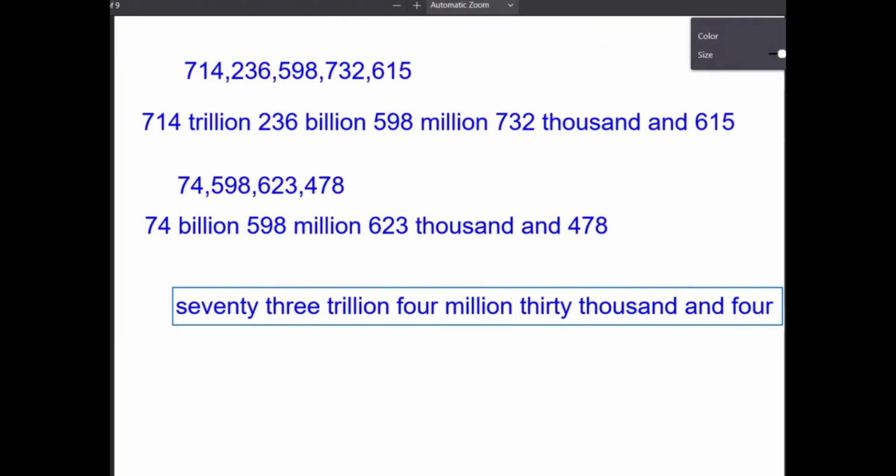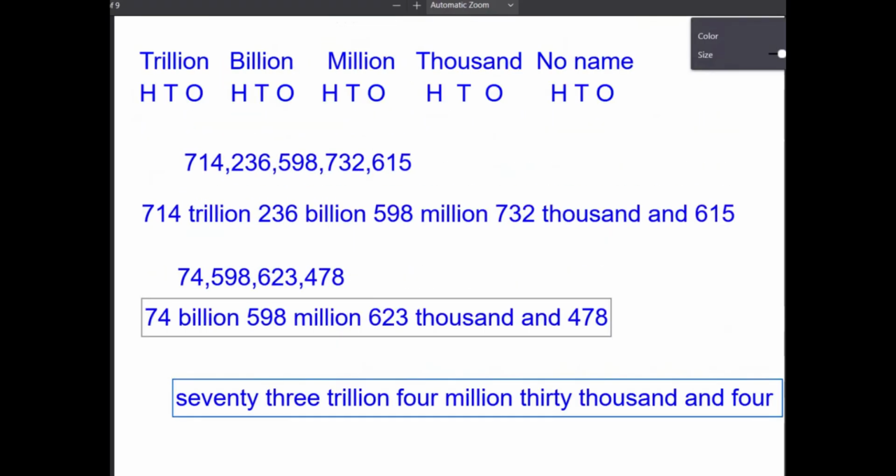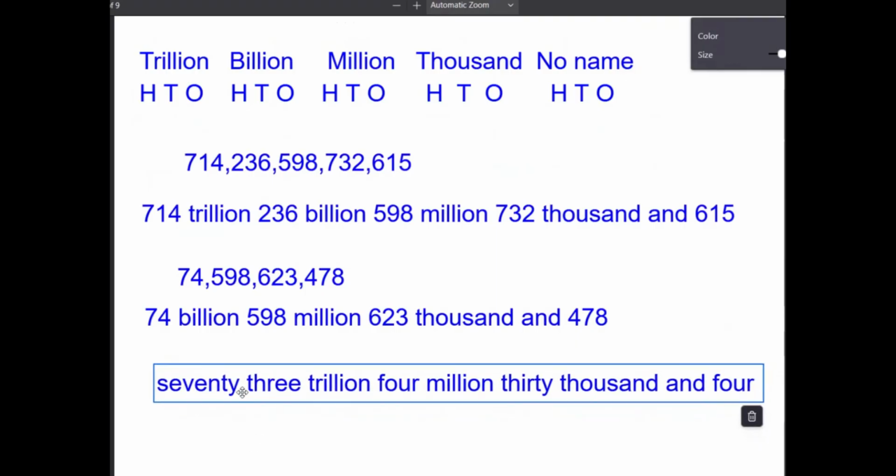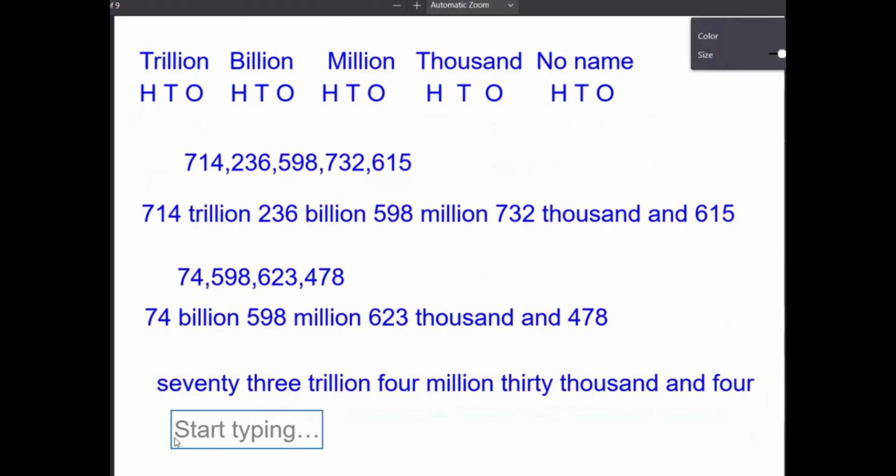If they ask you to write this number as digits, many students do this wrong, but I would like to tell you one thing. Your first group is trillion. When we start with the trillion, that means we have to write the billion, the million, the thousand and the no name. Whenever we read a group, we make a comma.